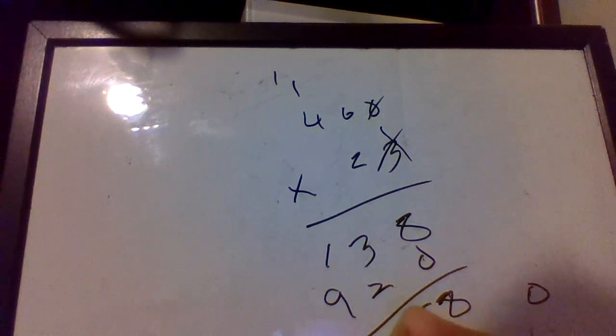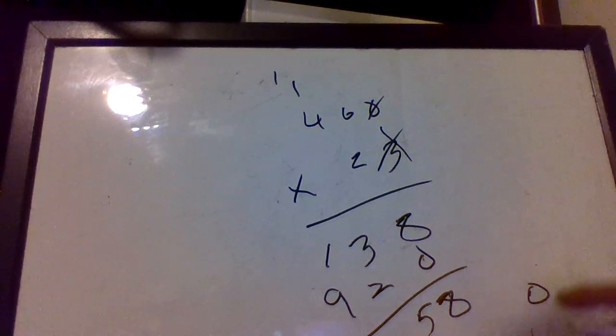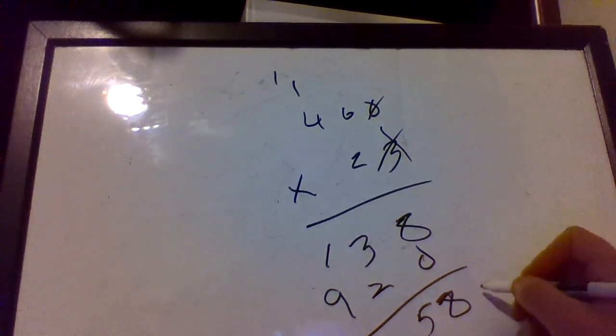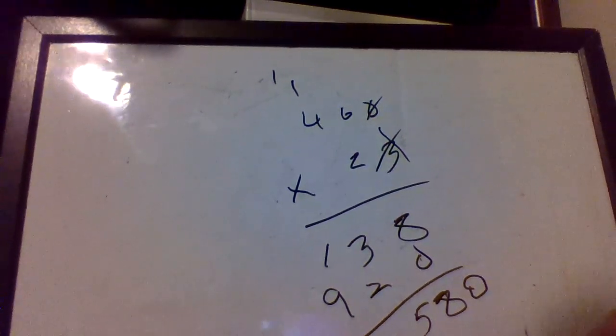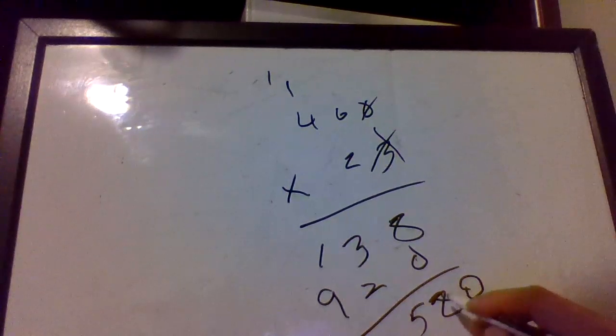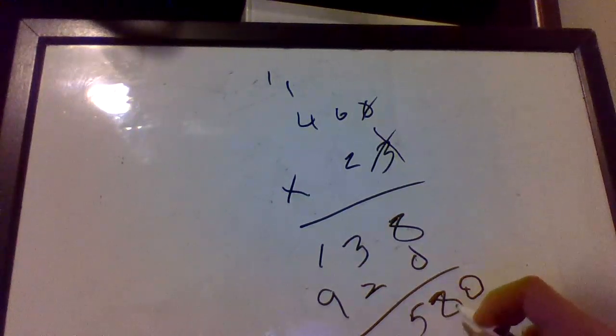And 1 plus 9 is 10. Now, we're not done because we have to add the 0 that we brought down. And then we can just erase that 0. So our answer, if we put a comma right here, we count 1, 2, 3 digits, we put a comma, is 10,580.